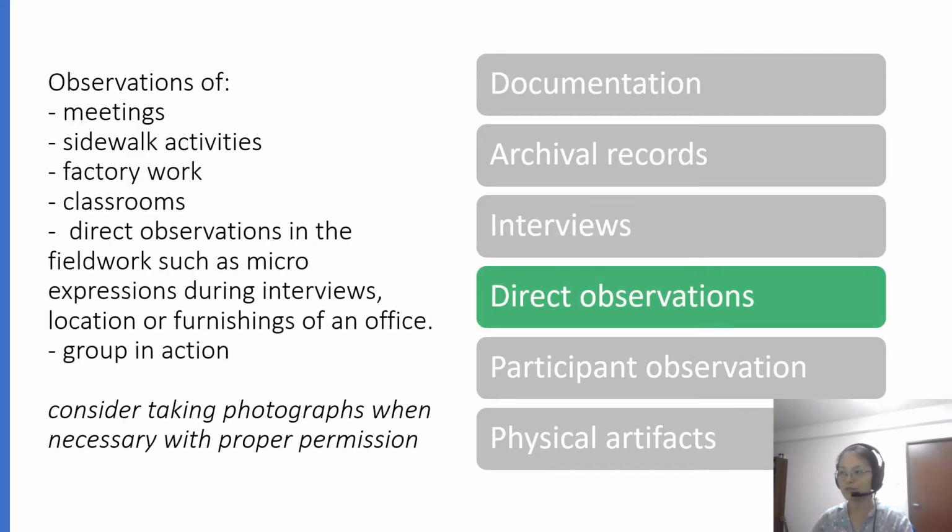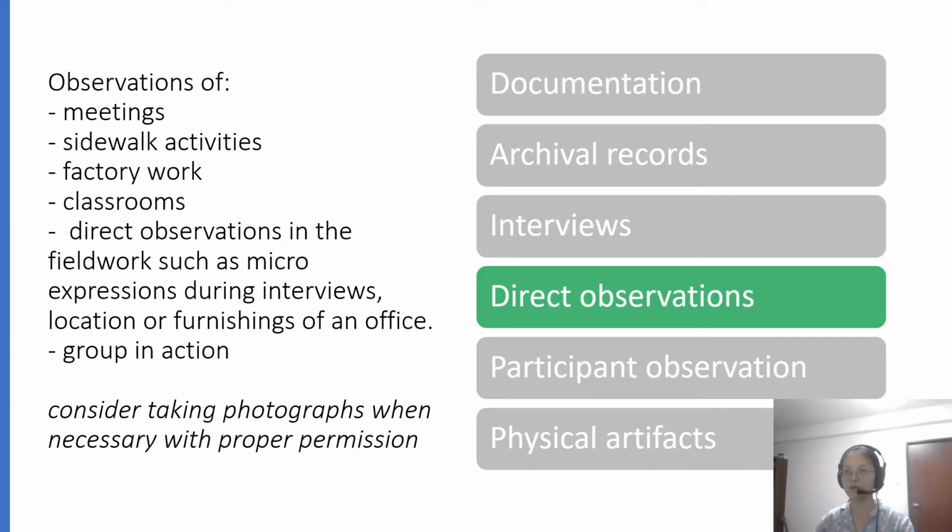And let's go to the fourth source, that is direct observations. It can be observations of meetings, sidewalk activities, factory work, classrooms, direct observations that you see when you're doing the field work, such as when you find the office layout of an employer that can represent the hierarchy status of the employer in the organization.